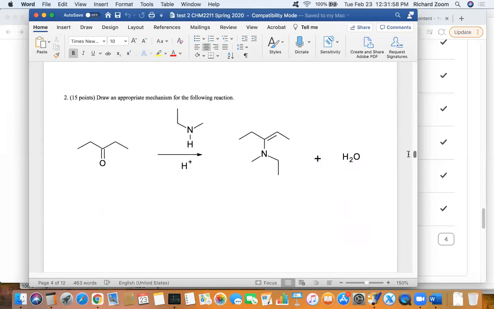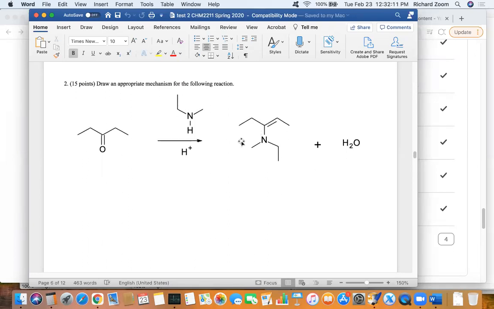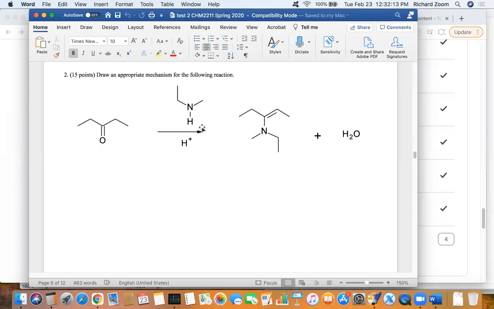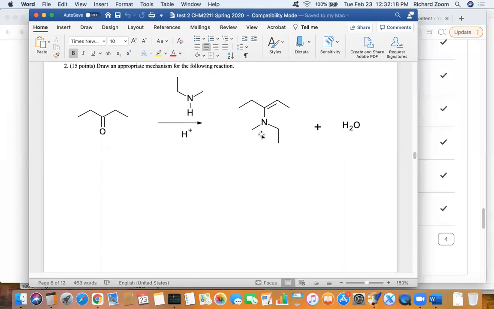So question 2, as I had outlined earlier, is going to be something to do with primary or secondary amine addition elimination reactions. This one here happens to be a secondary. Note that in the mechanism problems, you're always given a reactant and a product.